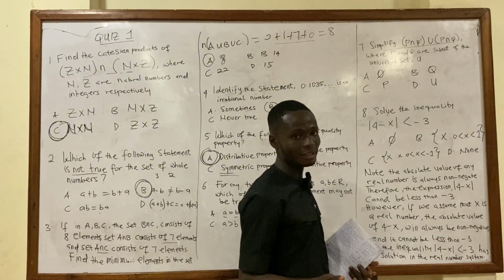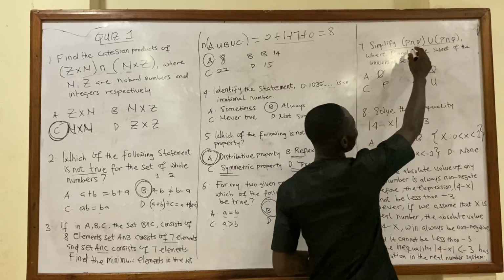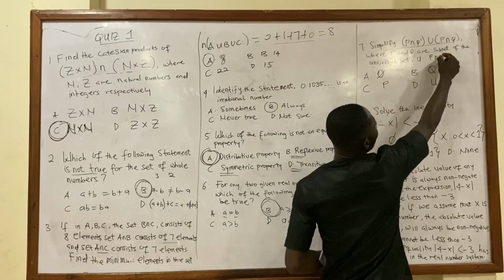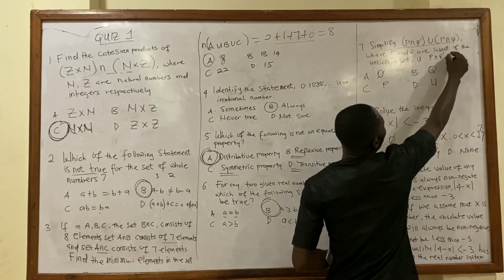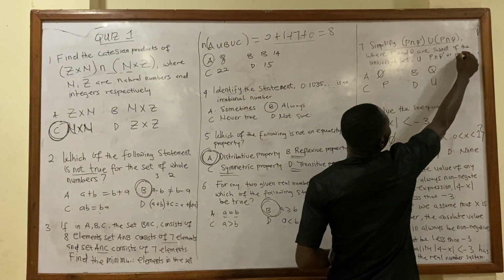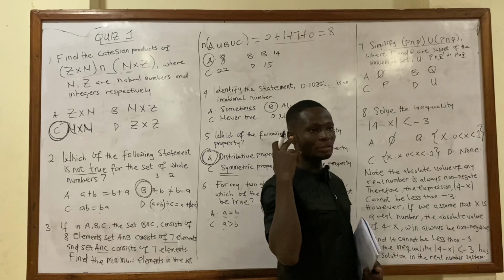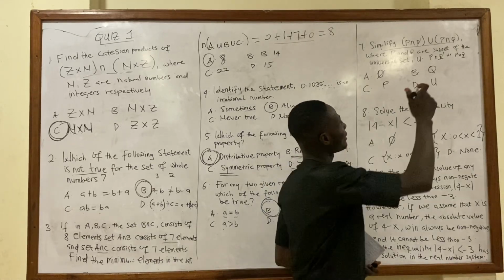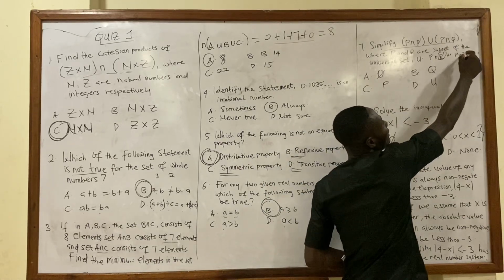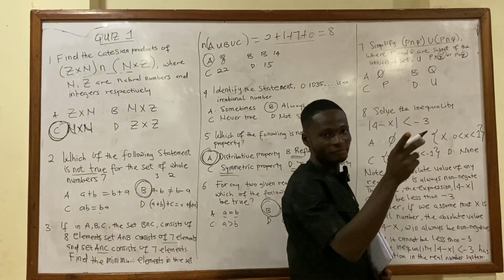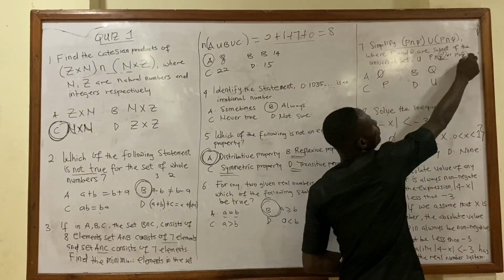Union is already addition. So what you do is that P intersection Q prime or P intersection Q. What you must let come into your mind is that Q prime and Q is like positive and negative. So this and this will go.